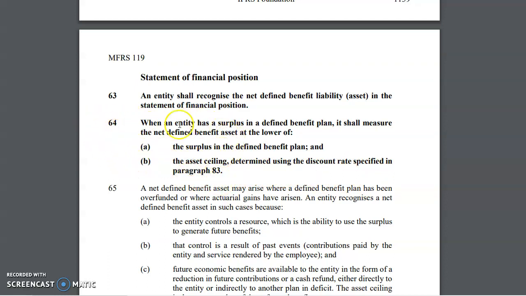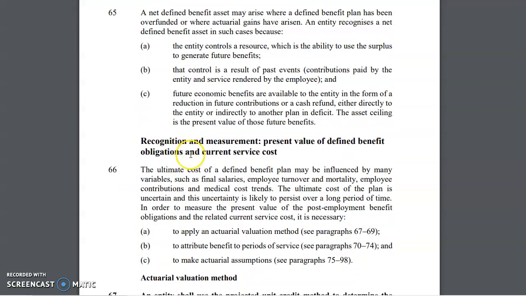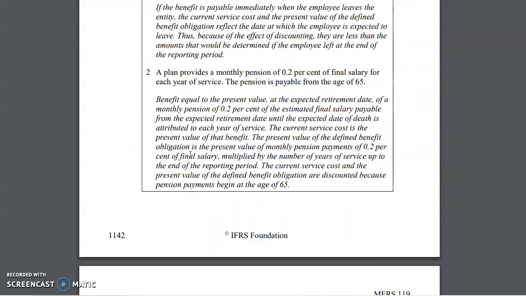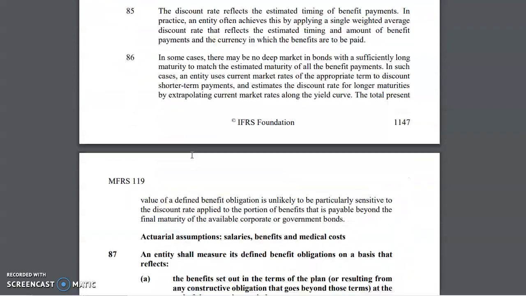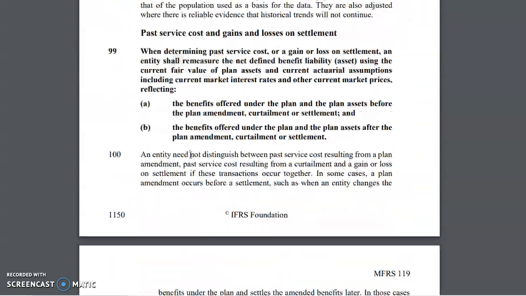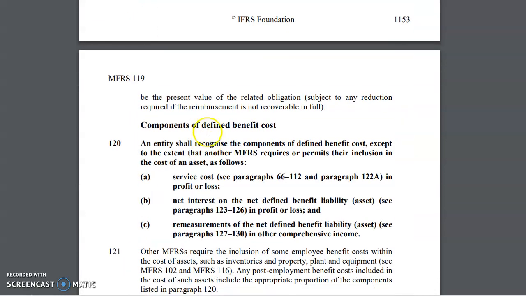So this paragraph 64 actually needs to be referred to if the calculation results in net defined benefit asset. Okay, what you will show in statement of P&L is discussed here in paragraph 120.